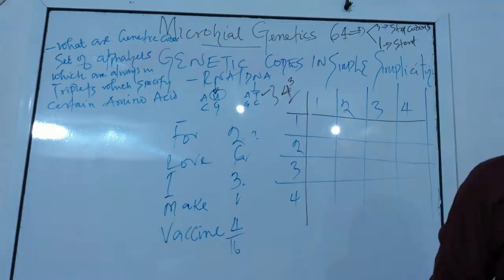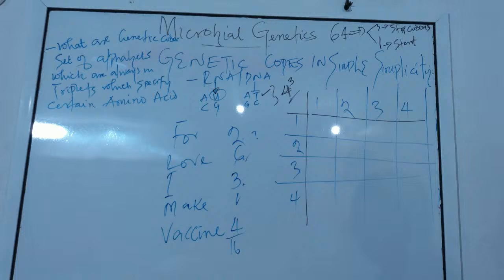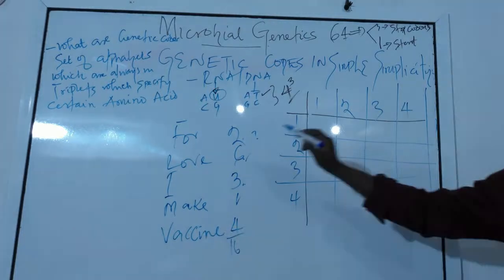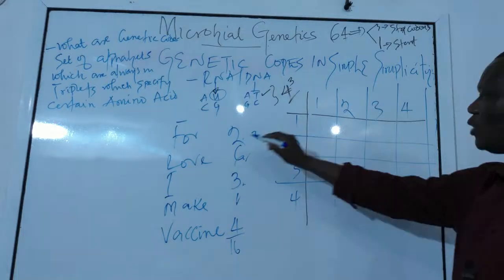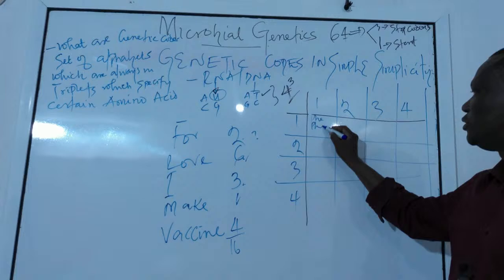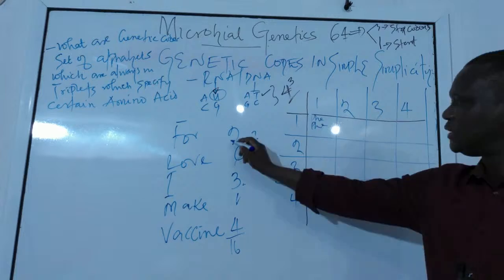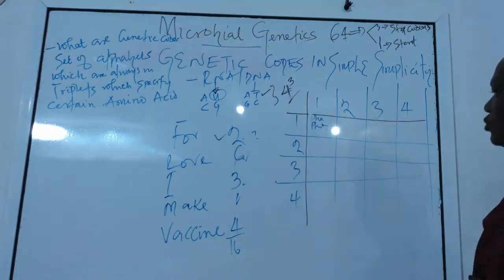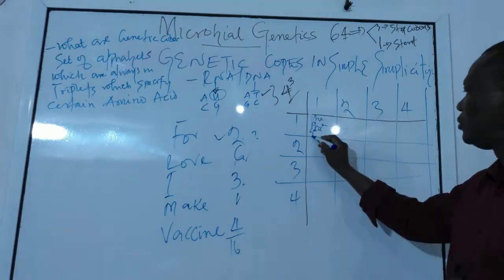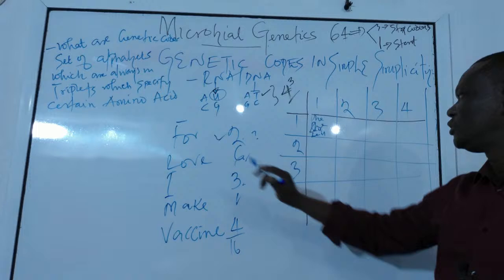Now, what do we mean by for love, I make vaccine? The first one, 4, is talking about phenylalanine, PHE, standing for these two. Love, that is L, Leo, is going to be 6, so leucine.